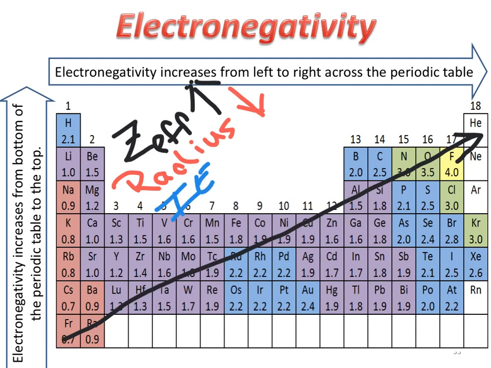Ionization energy generally goes up as you go from the lower left to the upper right, but it had two anomalies. The first anomaly was between groups 2 and 13, and then the next one was between groups 15 and 16.